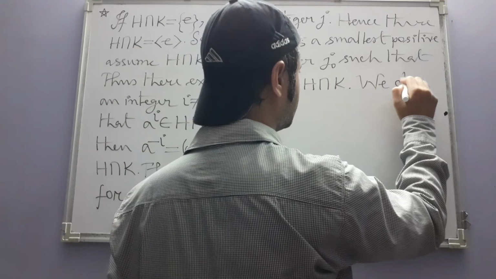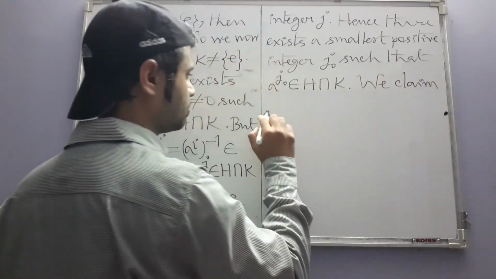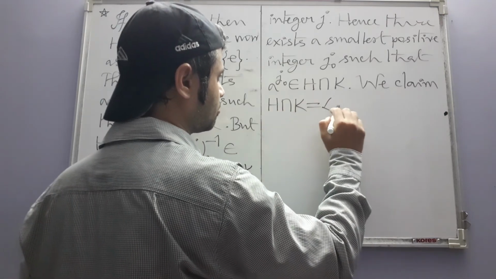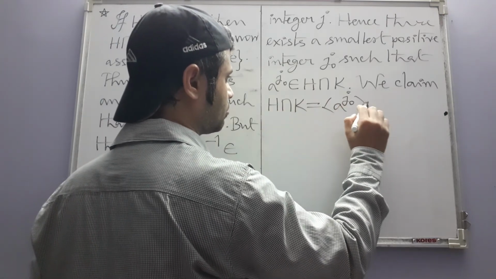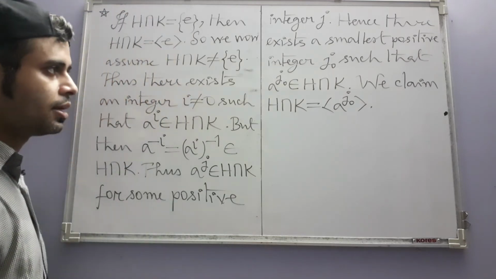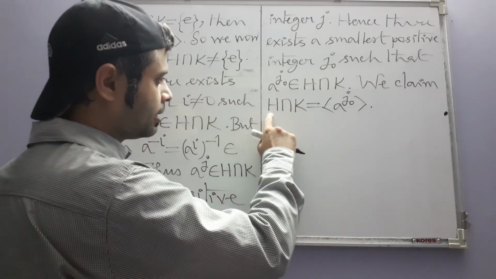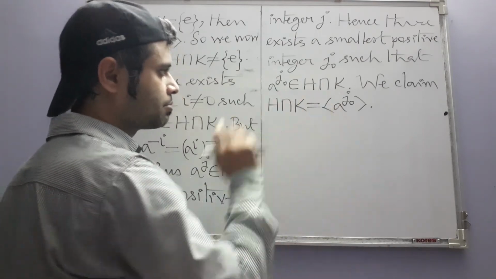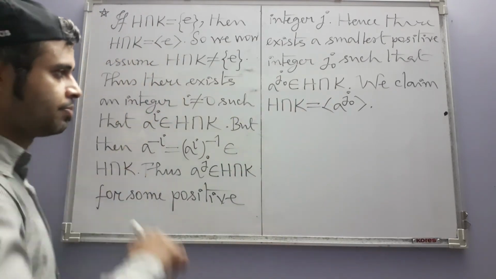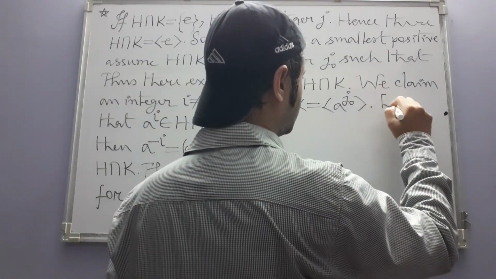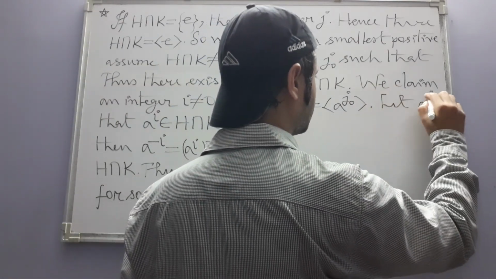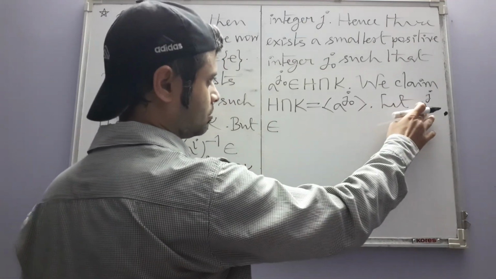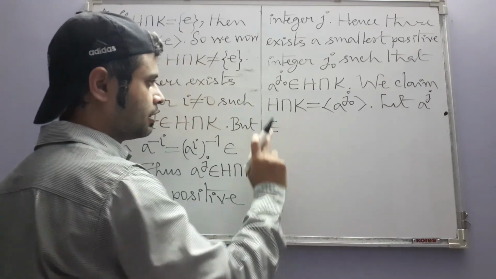We claim that H intersection K is generated by a to the power j naught. To prove this claim, what do we have to do? You take any element here, and you have to prove that it is an integral power of a to the power j naught. Let a to the power j be any arbitrary element in this intersection.